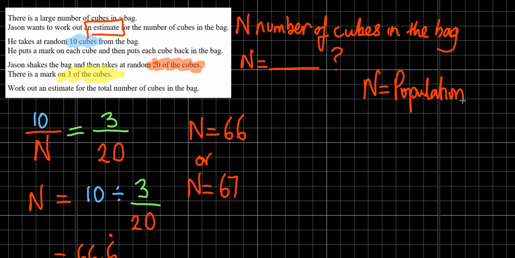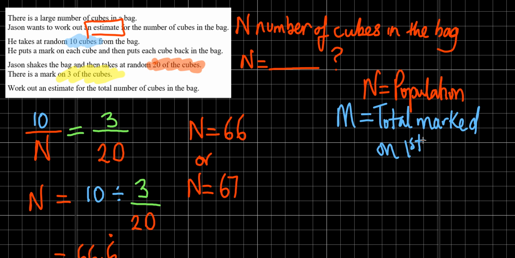M is the total marked on the first visit. In this case, you could say M was 10.